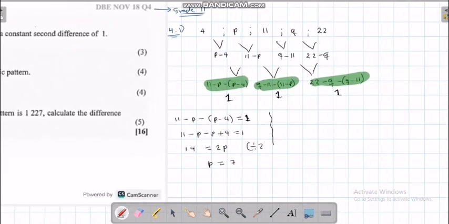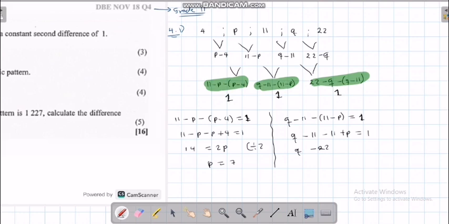And now the other one, q minus 11 minus (11 minus p) must be equal to 1 again. So I'll say q minus 11 minus 11 plus p equals 1. What is our p? Our p is 7. So q minus 11 minus 11 is minus 22, right?